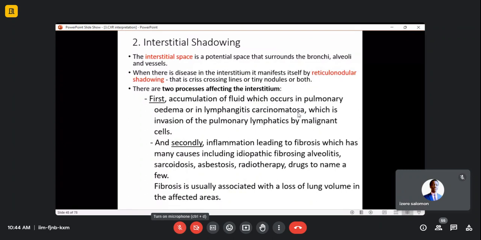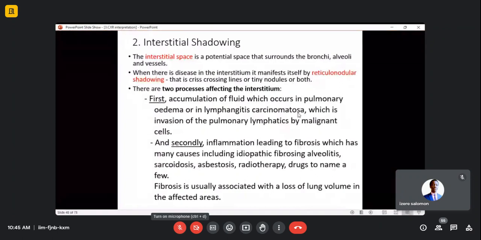When it's carcinomatosa, it is just some cancer cells that are located in the lymphatic vessels. And remember, lymphatic vessels in the lungs, they pass through the connective tissue, that's the interstitium.